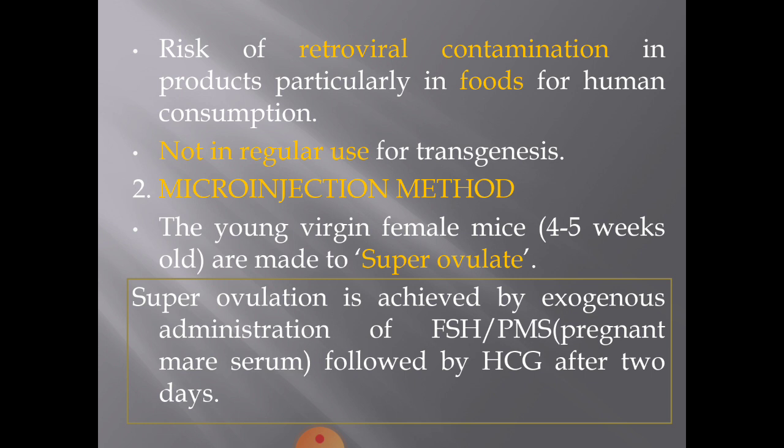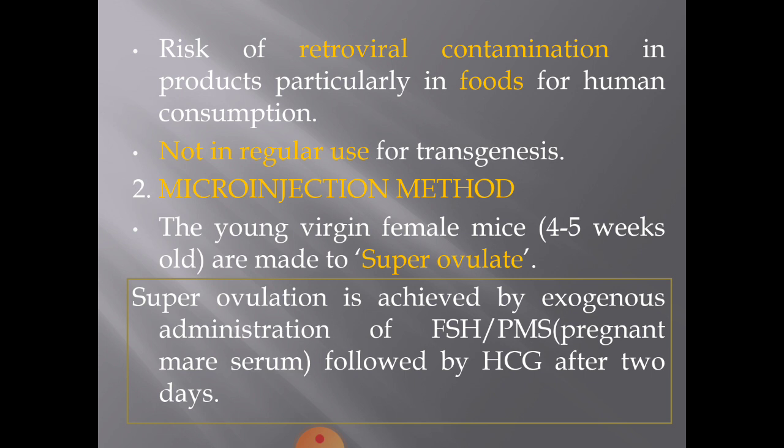So you can give injections of either FSH or PMS to the mice, and this has to be followed by exogenous administration of another hormone called HCG, human chorionic gonadotropin, after 2 days of administration of either FSH or PMS.